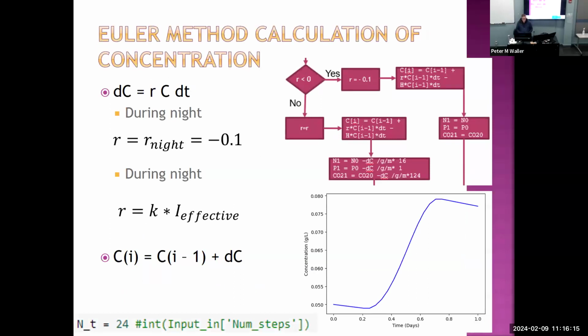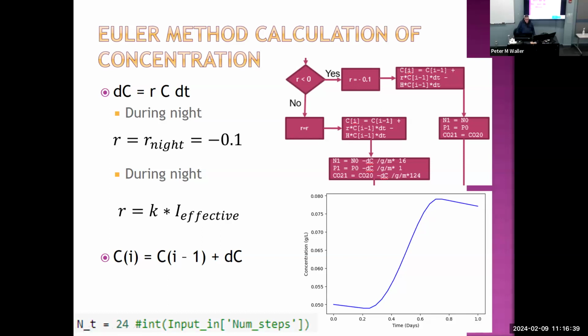Well, there's one complication here. Obviously, our growth coefficient isn't going to vary as the negative sine curve at night. So what we have in our flow chart is if R is less than 0, that's night. So after we calculate our R, if R is less than 0, we go this way, and we just say R is negative 0.1.